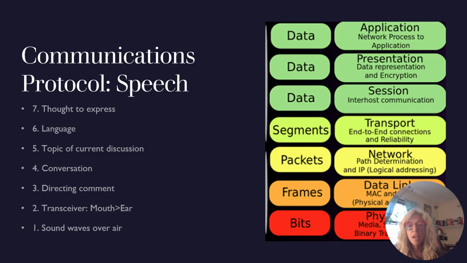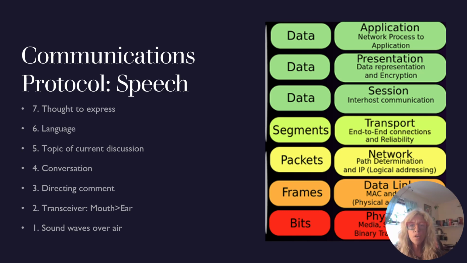For layer 3, the network layer, this layer handles routing and addressing. In speech, this might be the choice of words or phrases to convey your intended meaning, for example, selecting appropriate vocabulary to express complex ideas.